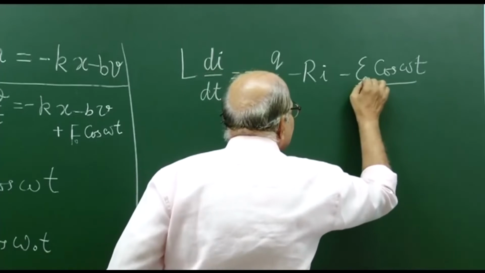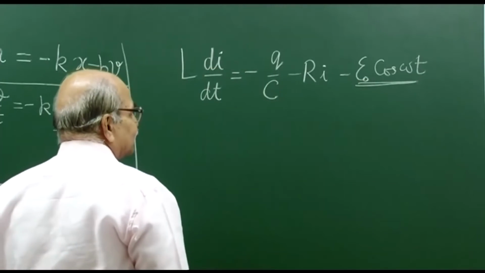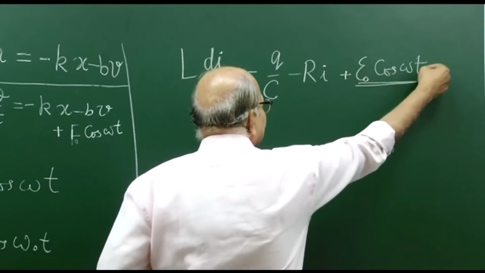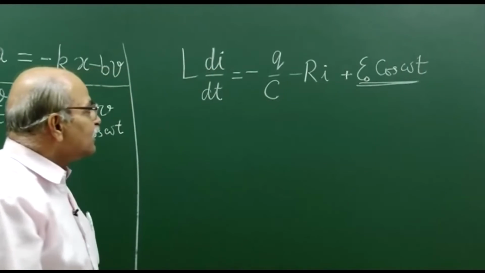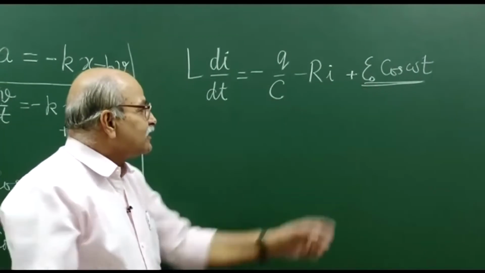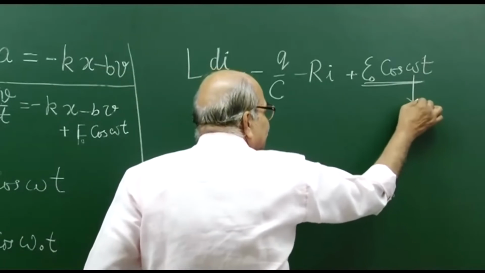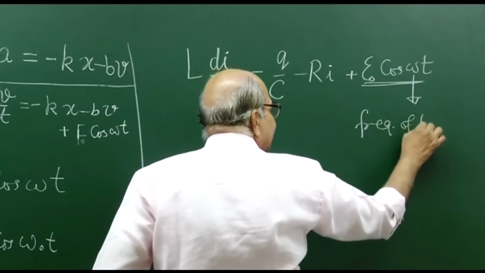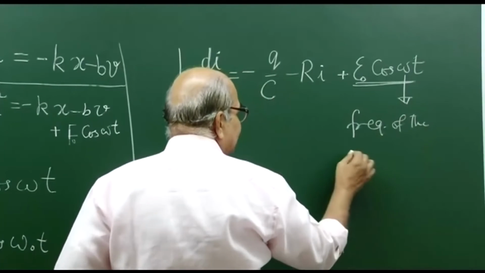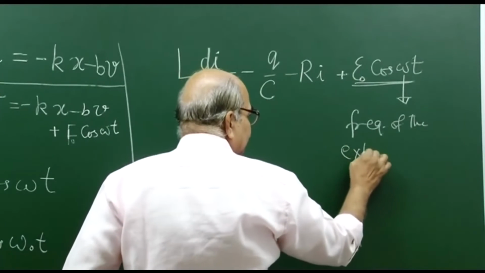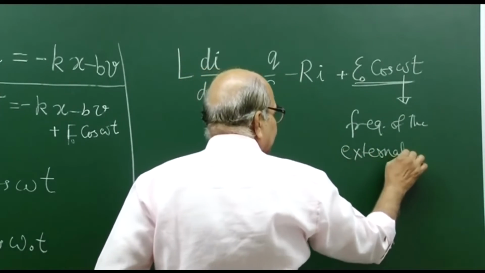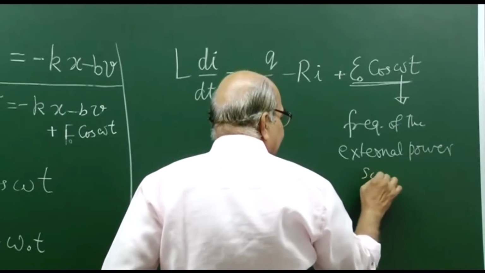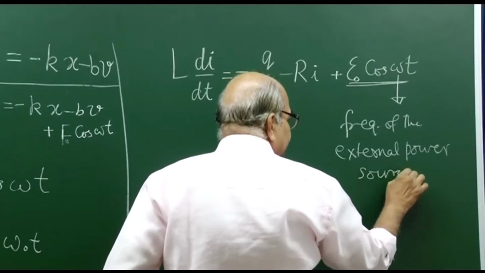So, this is that external force which we are using, or you can put a plus sign, it does not matter, I am not writing the phase. So, this is that external term. This omega is now the frequency of the external power that we are feeding, the external power source we are adding to the circuit.